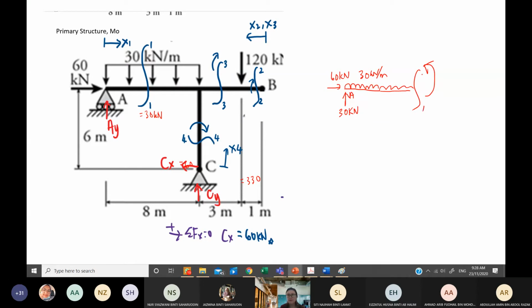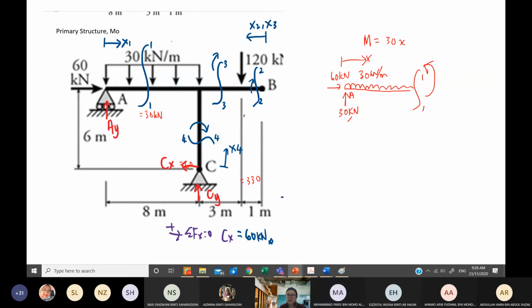My AY is 30 kilonewton and then this is 60 kilonewton. Okay, this is A. So what is my moment here? Okay, for this is 1-1 and my X starts from here. Can you help me together? M must be equal to, let's start with 30X.